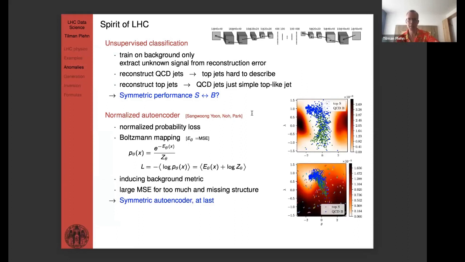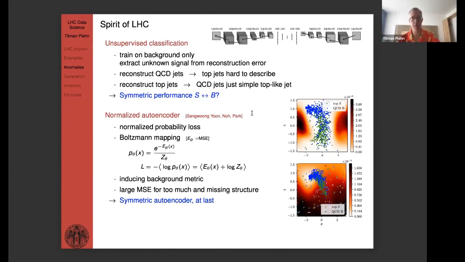It's different in the sense that it tries not just to penalize too much information, like the regular autoencoder, but also the absence of information. And how do you do this? Ramon can maybe tell you more about this, but the way you do this is you replace your standard MSE training by a so-called energy-based model.